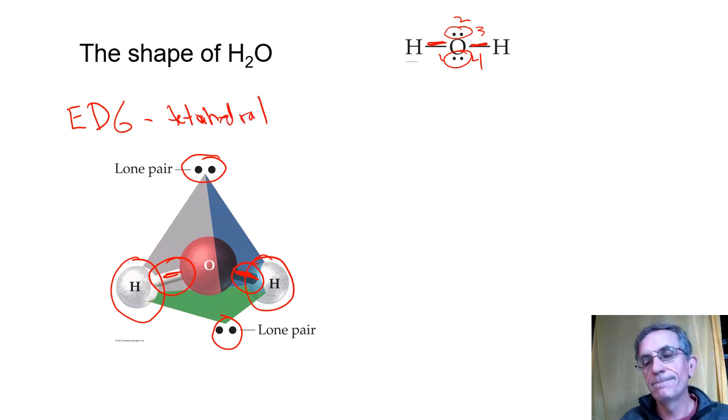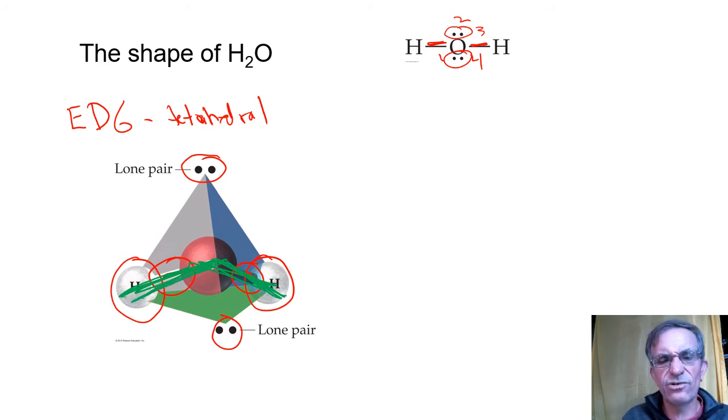All right, the molecular geometry, that's the shape the atoms are making. Now, it's going to be different because only 2 of the corners are atoms. So if we look at what the atoms are doing, they're doing this. The atoms kind of look like a V almost.